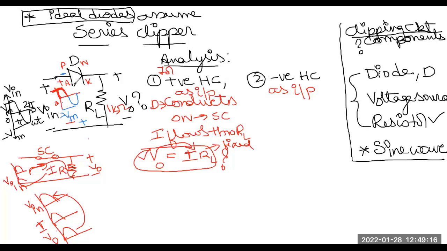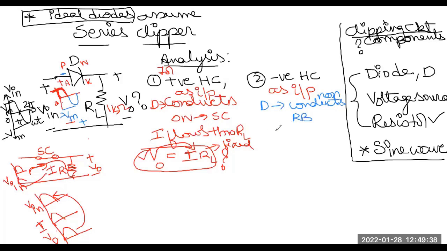So when the diode anode is receiving a negative voltage, what is the state of the diode now? Reverse. The diode doesn't conduct, because it is in reverse biased condition.